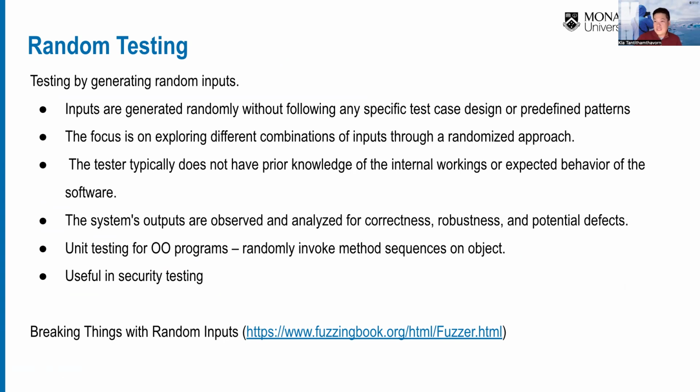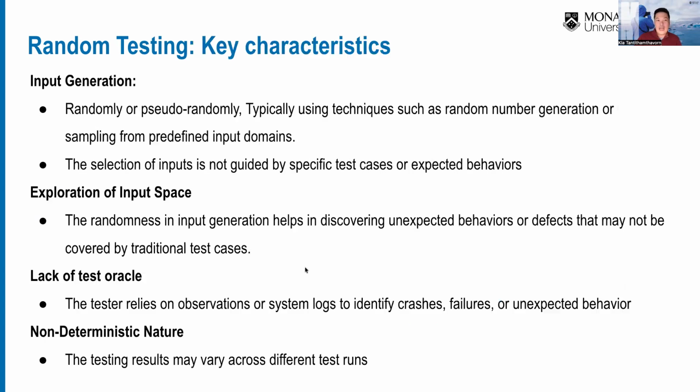The goal of fuzzing is to randomly generate test inputs and test until the software crashes. Whenever the software crashes, that's a bug. But it is quite advanced and quite useful in security testing. We will not cover it in this lecture today. I just mentioned it.